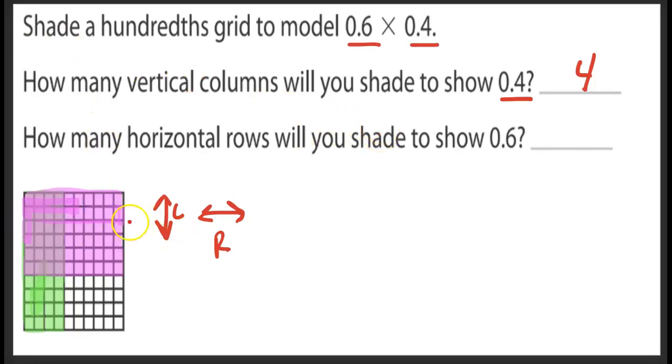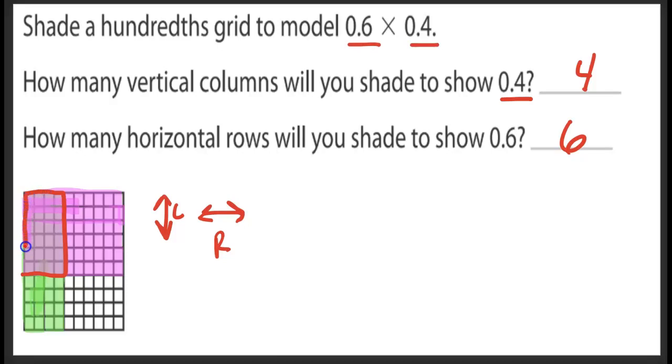And I know that it's 6 rows because for 6/10, there's 10 square units in here, and they each equal a tenth. I know 6 of those will equal 6/10, so it's 6. And if we were to find the area of that, it would be the area that overlaps green and pink. So this is our answer to our problem.